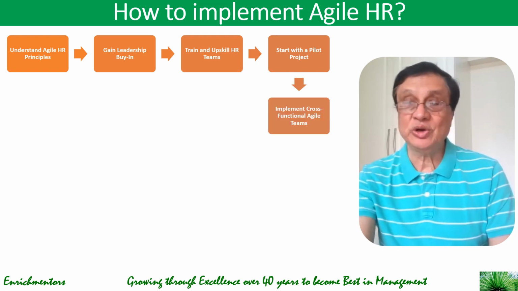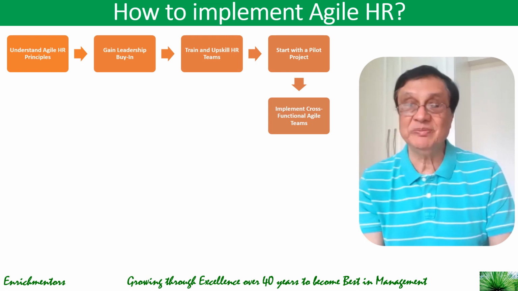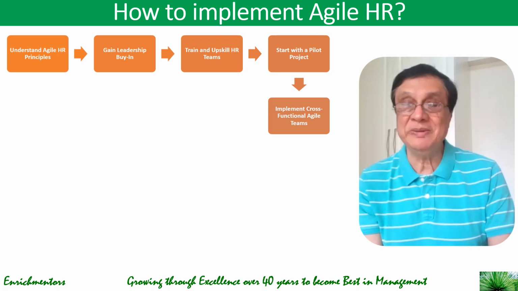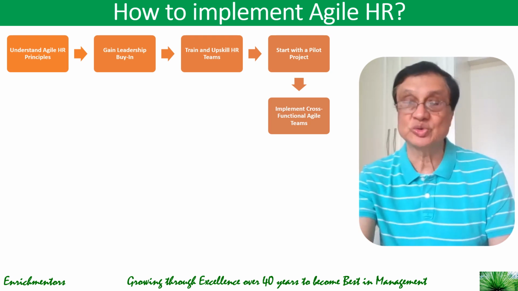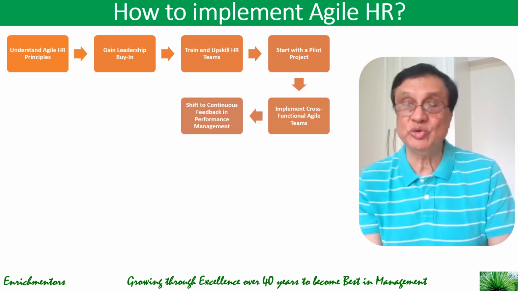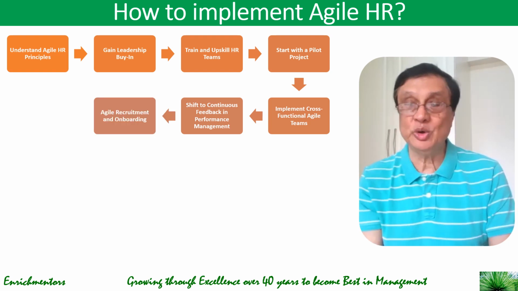Then you implement cross-functional agile teams, cross-functional squads that we have been talking about, adopted by many companies successfully. So you make those cross-functional agile squads. And then you start making changes in the HR processes, starting with performance management, where you shift to continuous feedback. Then you make your recruitment and onboarding agile.